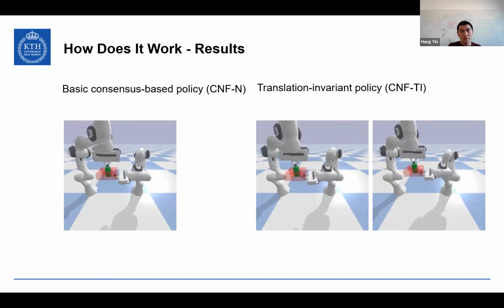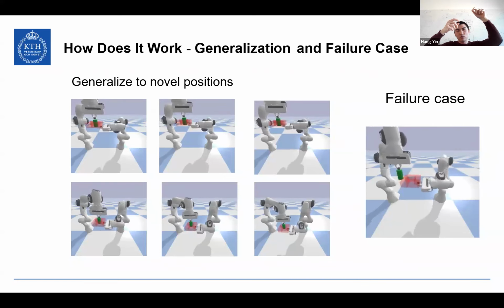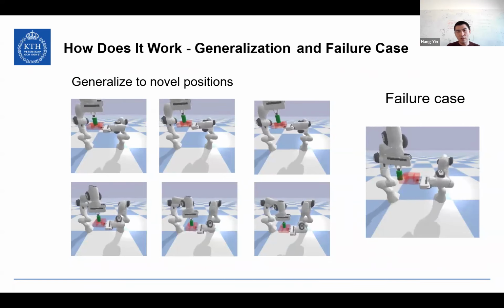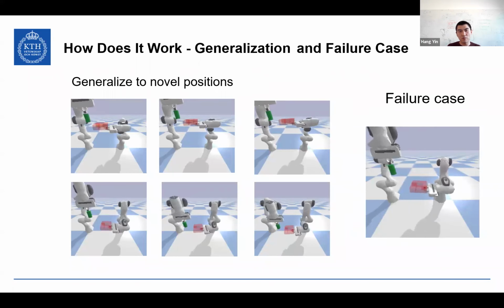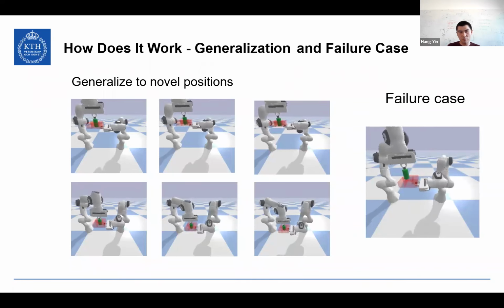But if you try to generalize to a novel position, meaning I'm evaluating the policy at places the robots were never trained on, this translation invariant policy seems to work much better.